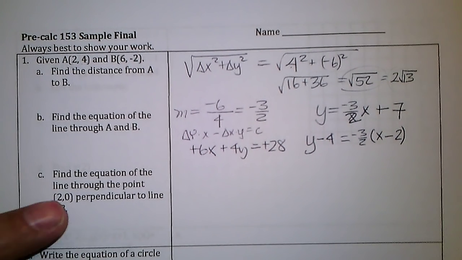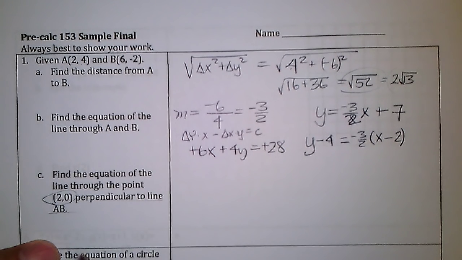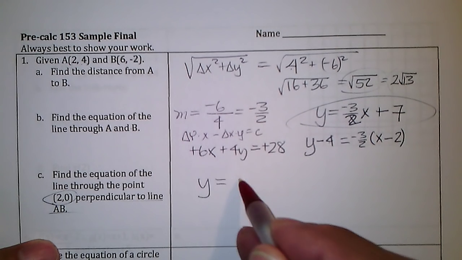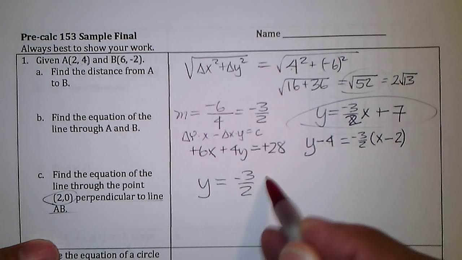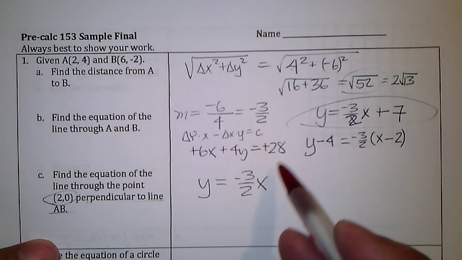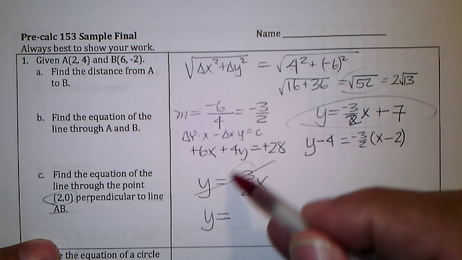Find the equation of the line through this point parallel to the original line. So I'll just take the original one. Y equals negative 3 over 2 x. To be parallel, to be perpendicular, oops, I thought it said parallel. It says perpendicular. Y equals, it has to be the negative reciprocal.